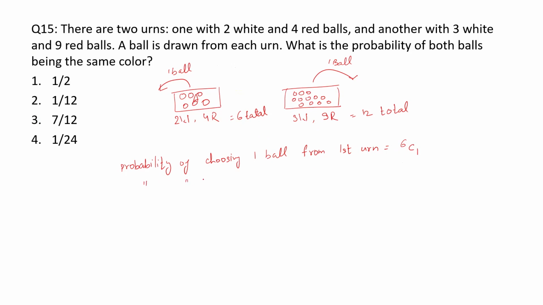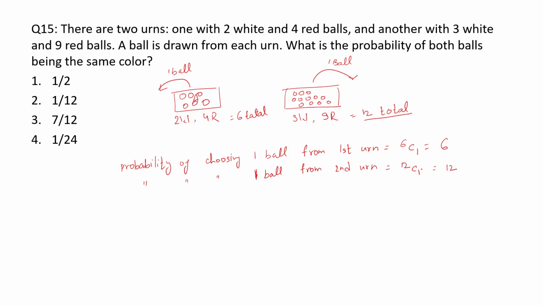Similarly, probability of choosing one ball from the second urn. So how many total balls are there? 12. So out of 12 you are picking 1. So 12C1. Okay, so 6C1 is 6, 12C1 is 12.